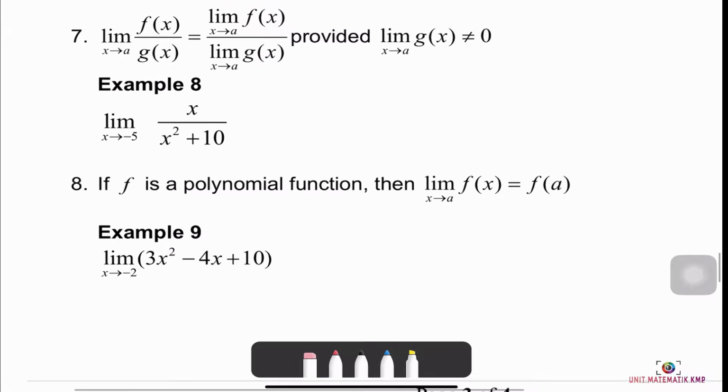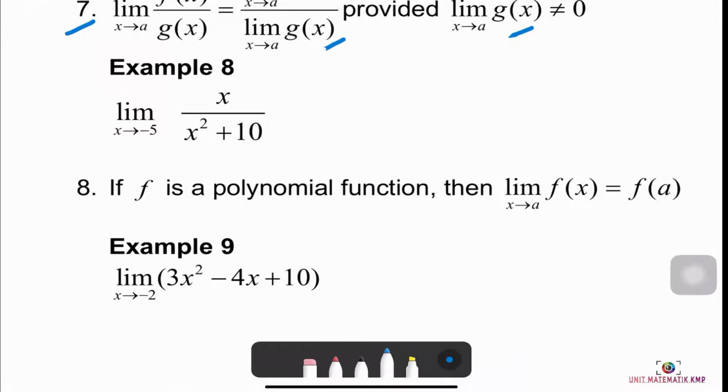For property number 7, what we have here is the limit of f(x) over g(x) when x approaches a. We can write this as the limit of f(x) when x approaches a, over the limit of g(x) when x approaches a. The condition is that the limit of g(x) when x approaches a does not equal 0. So for example 8 here, we have the limit of x over x squared plus 10 when x approaches minus 5.